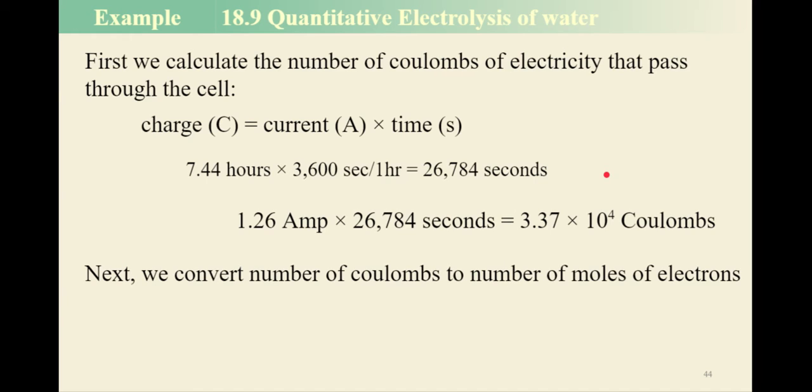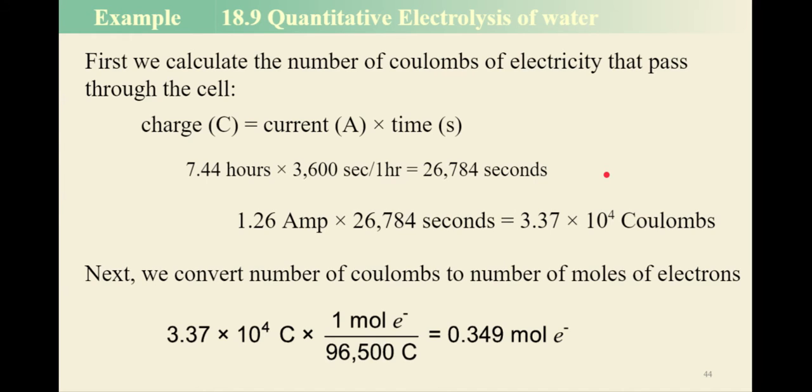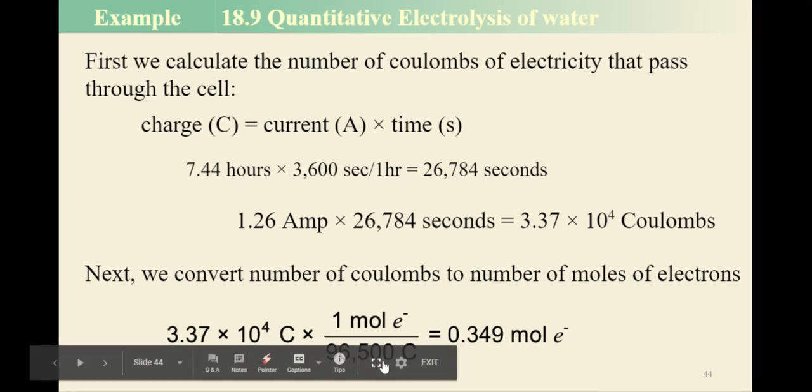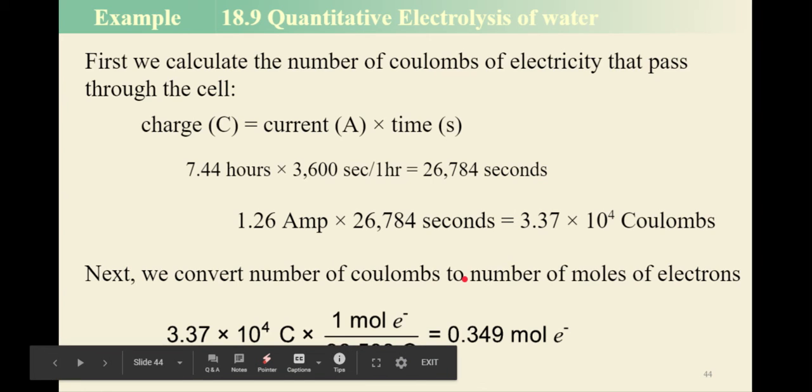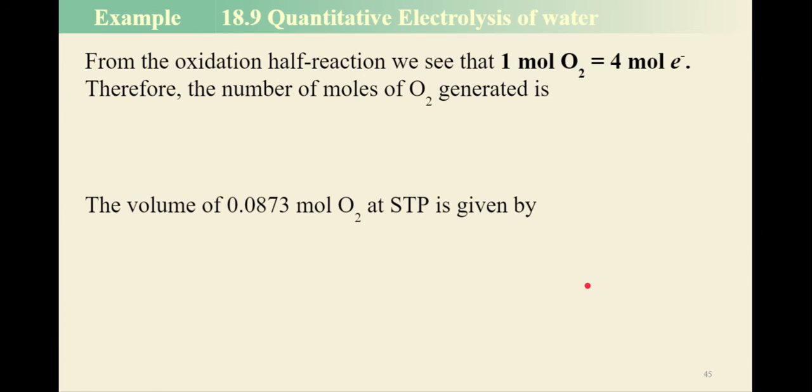So if we want to know how many electrons, dividing by Faraday's constant, again, to group that into the mole, we divide by 96,500 coulombs in an electron. Again, and then we can say there's 0.35 moles of electrons.